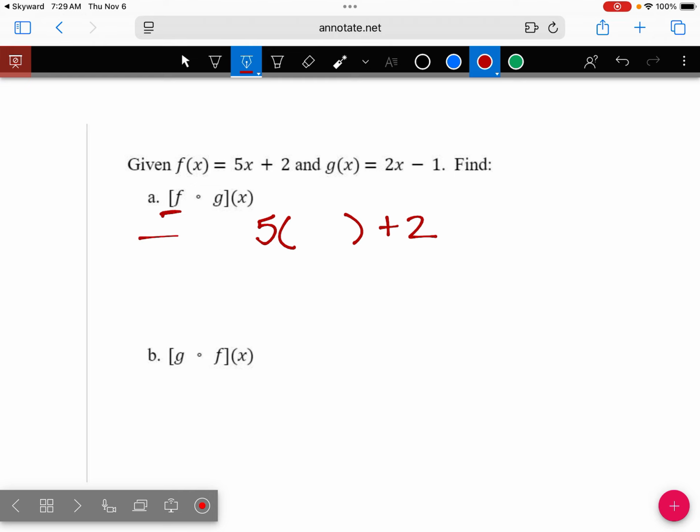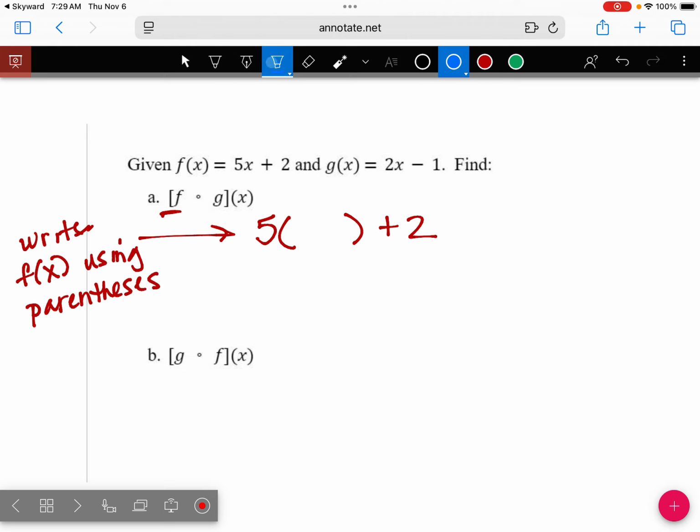So what I did was I write the f of x using parentheses, because that is what came first. So my f of x function is 5x plus 2. So I put 5 parentheses plus 2.